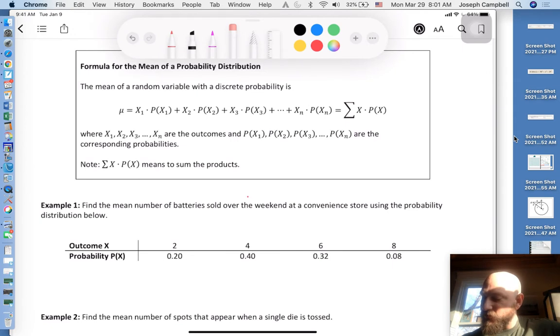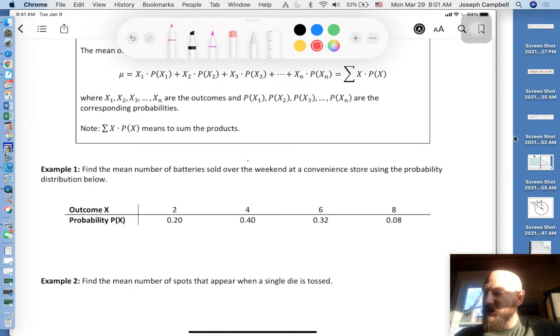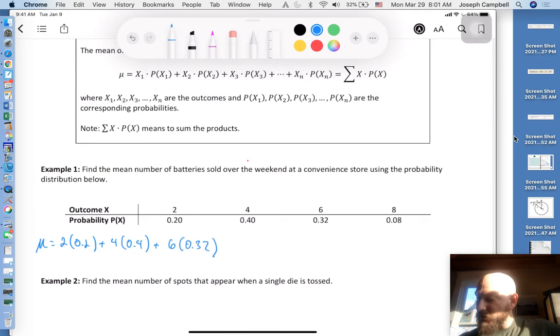Okay, so find the mean number of batteries sold over the weekend at a convenience store using the probability distribution below. We've actually, I think, done this exact same problem, just through a different lens. So the mean would be equal to 2 times 0.2 plus 4 times 0.4 plus 6 times 0.32 plus 8 times 0.08.